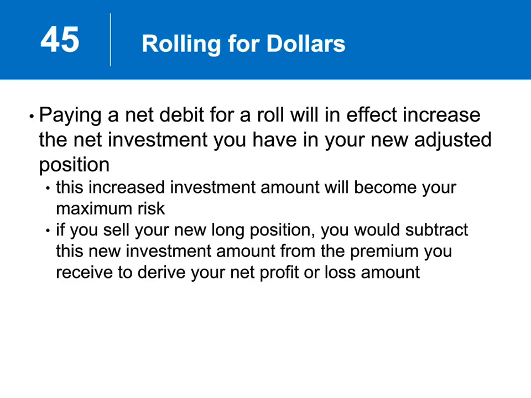I mentioned, as a last thing, the 2 decisions when we're rolling. One of the really important ones is the capital commitment. In our example, we started with a capital commitment of $4,000. When you roll, you can take some of that money off the table, or you can increase it, or do it for even.